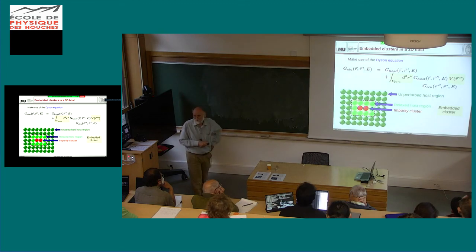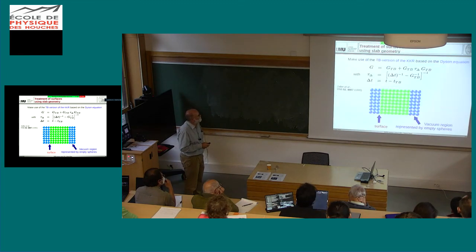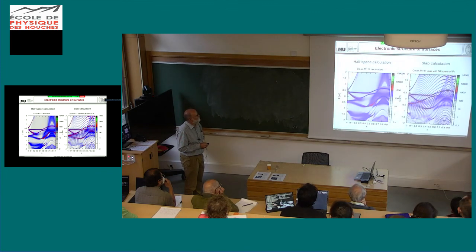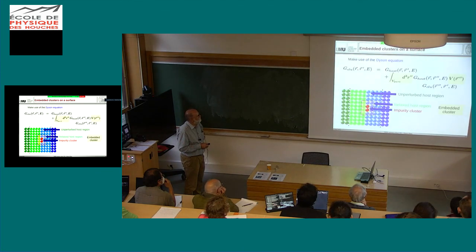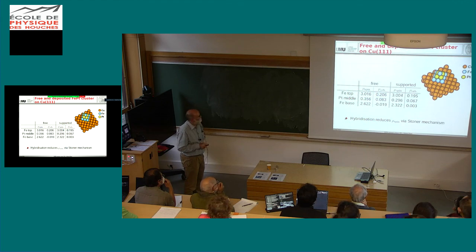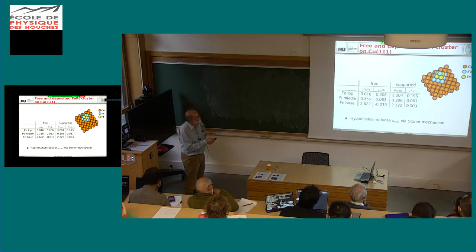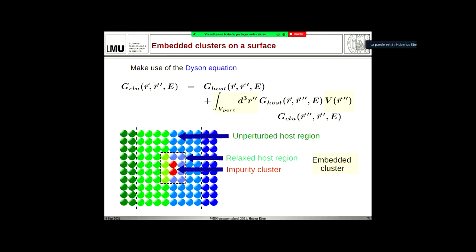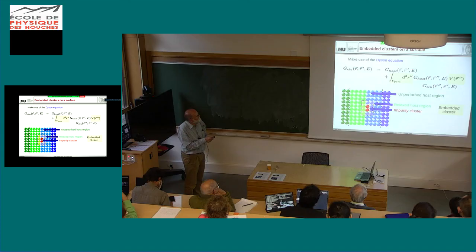So I'm afraid I have to skip the other applications of the Dyson equation. You will see some more results for that. If you are interested, I can tell you a bit about that. Lastly, I briefly want to mention here what we did in the past. We applied the Dyson equation here to have a perturbative substrate, a surface regime, and then a vacuum regime, and then we embedded into that system a cluster that allowed for disturbance of the atoms around it.